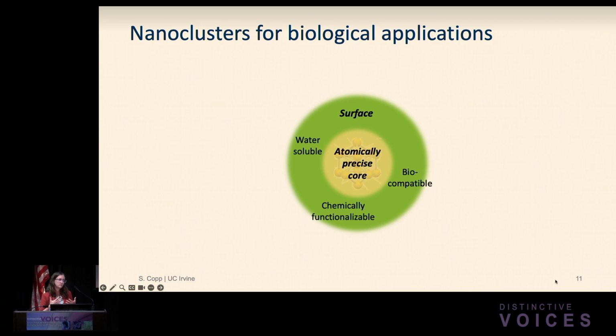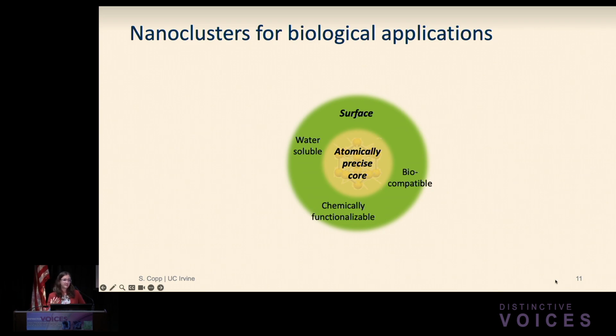So now what we put on the surface, those surface shielding molecules, doesn't just have to determine the size and shape of the atomically precise core. It also needs to be water soluble, it needs to be biocompatible, and we may need to chemically functionalize it so that we can target that light-emitting element to parts of the body that we're interested in.